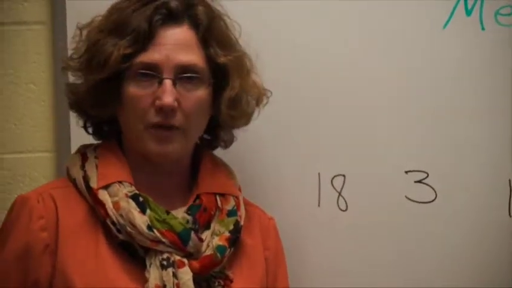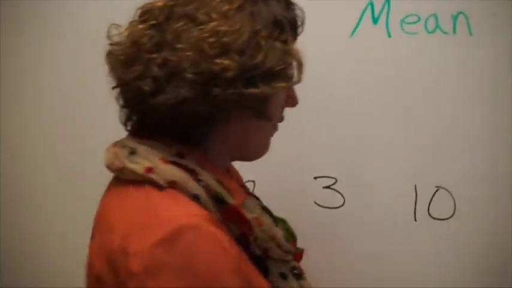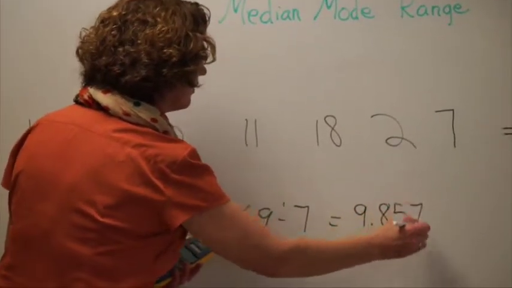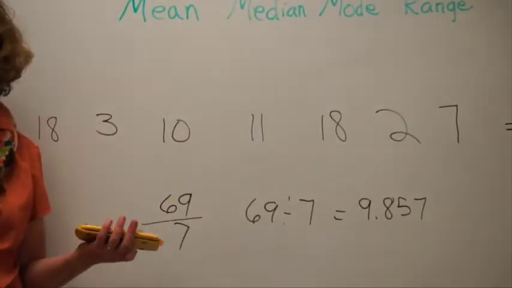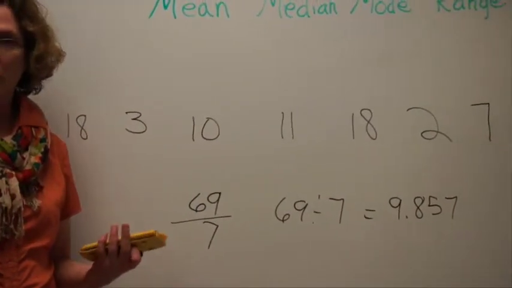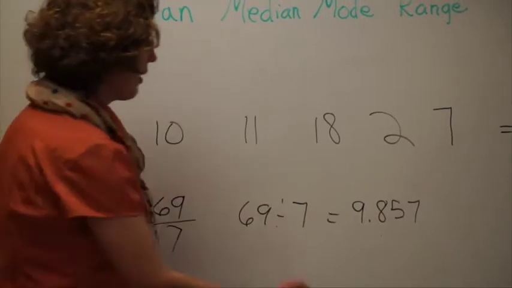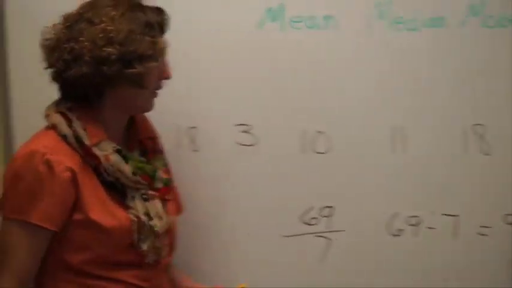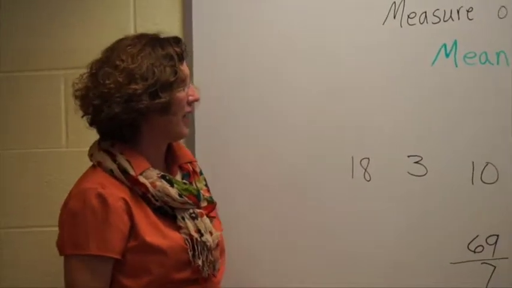My mean average comes to 9.857. And if I use rounding to the nearest ones, I would round it to the whole number anyway. It would become 10. So the mean average is 10.